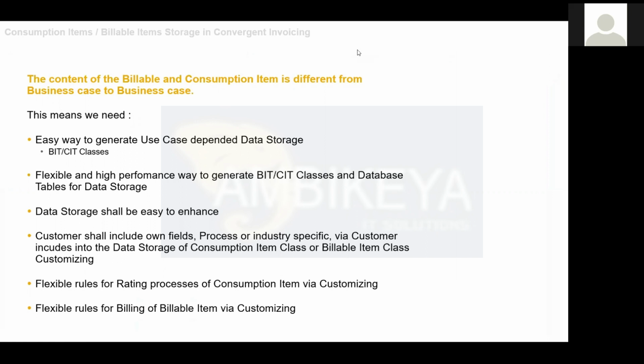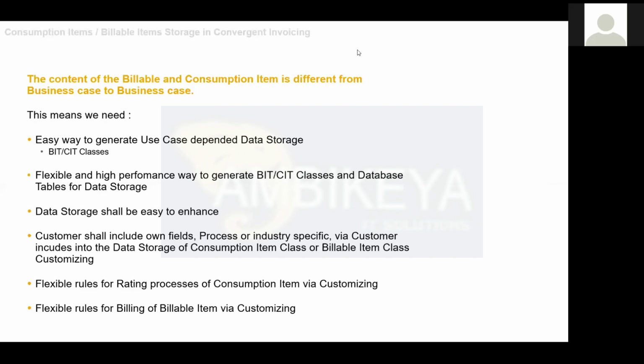This is a very strong feature because we are able to customize the whole storage for the consumption items and the billable items. We have different interface components in place, where each interface component includes a set of fields. And we also have the very tricky storage of billable items depending on the status.